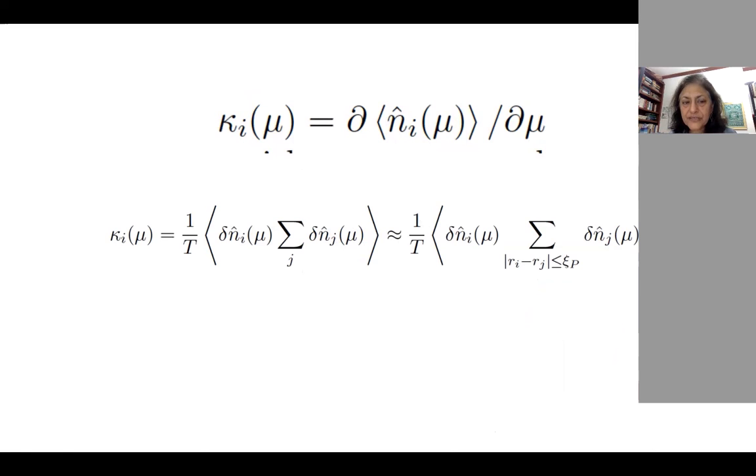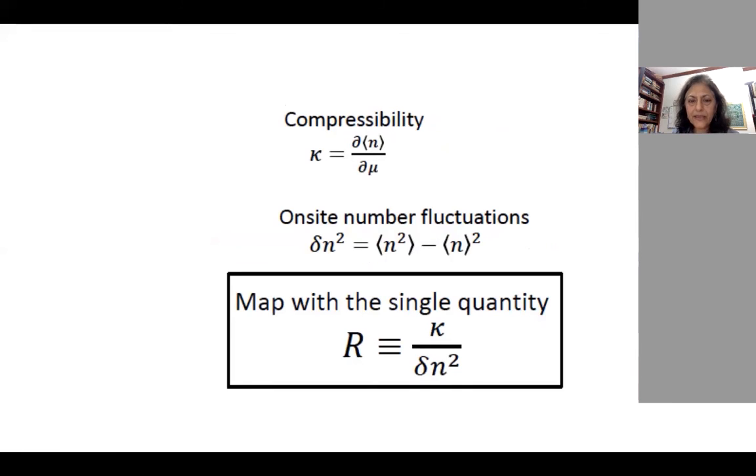It also measures density fluctuations on distant sites. So it's an operator, it's a response function. Even though you measure it locally, it reflects the correlations which are much more long distance in the system. Okay.